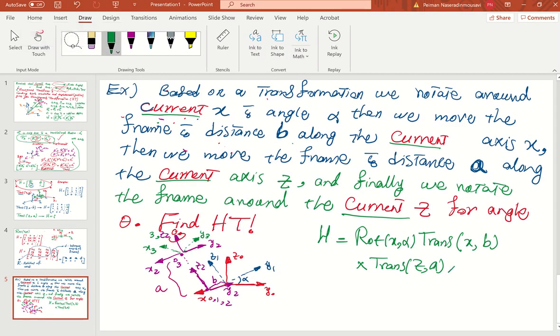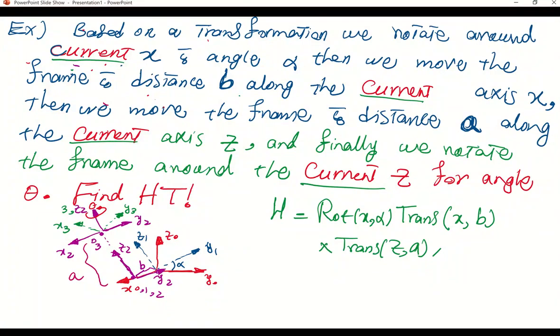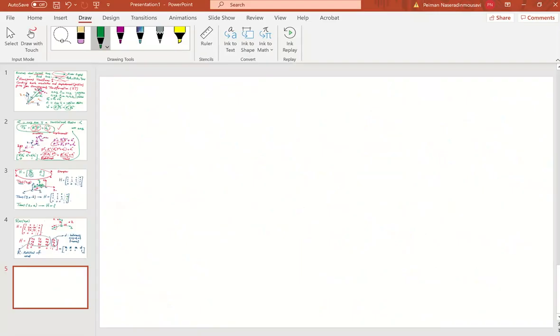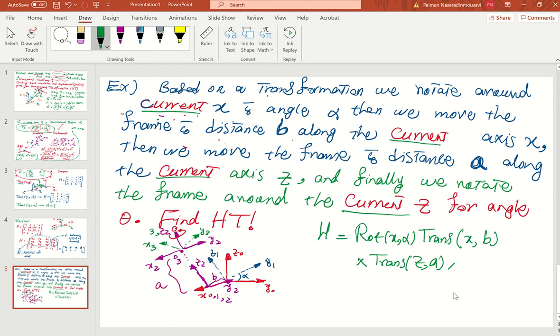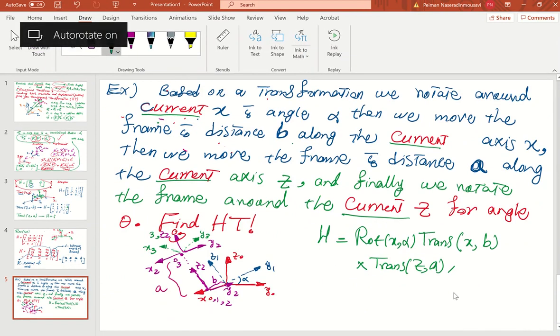So finally you have another rotation. Rotate current z, angle of theta.